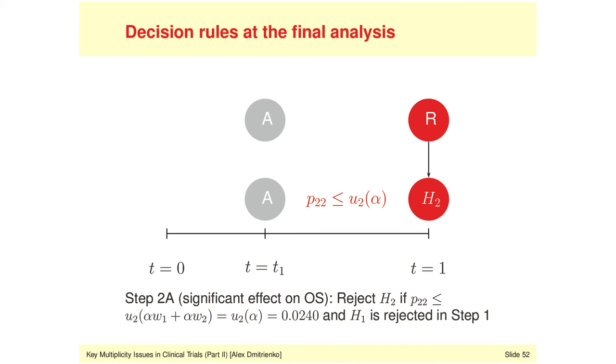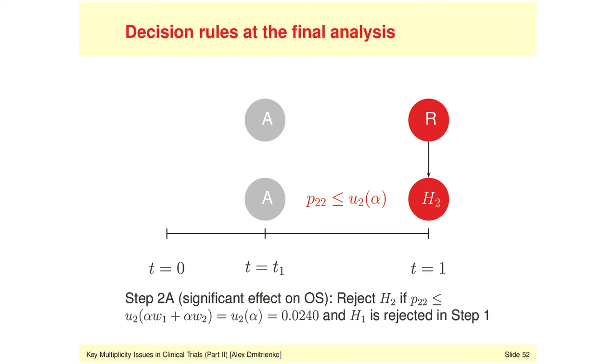We're going to assume that the hypothesis H1 was actually rejected in step 1, and therefore that enables us to use all of the alpha in the computation of the adjusted significance level for the overall survival p-value.